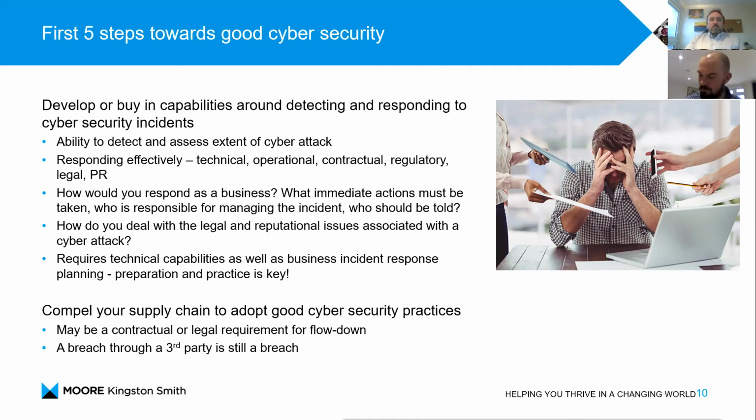So that's the 5 key areas that we recommend if you step back and ask how you are going to approach the whole cybersecurity problem: getting management buy-in, understanding your data and your IT environment, adopting a framework, planning an operational response to a cyber attack, and not being exposed by weak security practices in your supply chain.